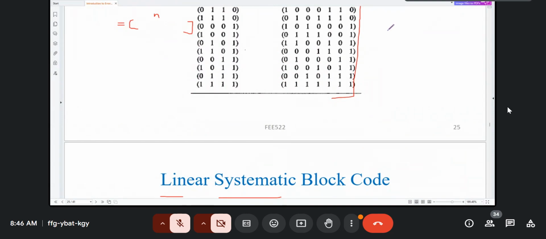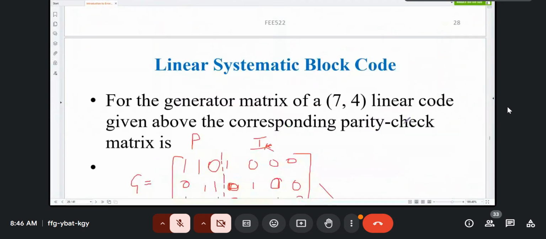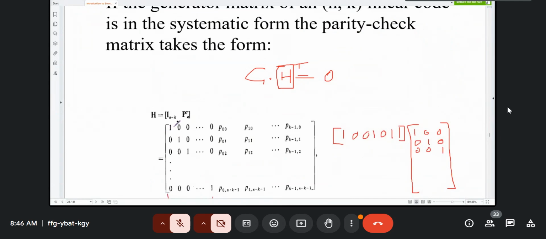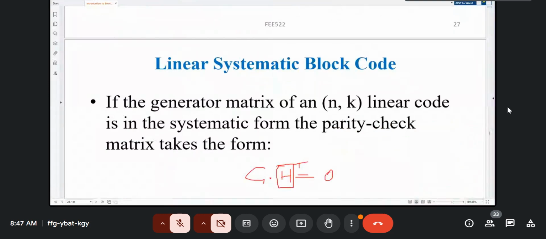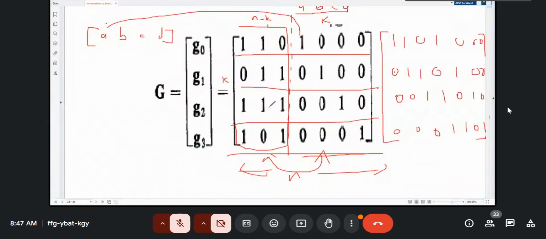To get H, you transpose P, and to get H transpose, you transpose P transpose, so it becomes the original P. So here it will simply be 1, 1, 0, just like the generator matrix. This P part: 1, 0, 1, 1, 1, 1, 1, 1, 1.